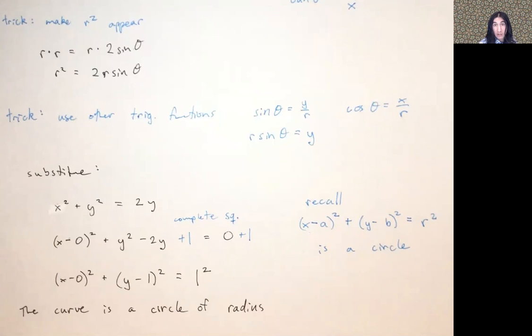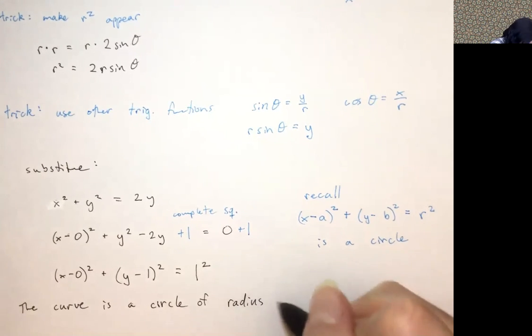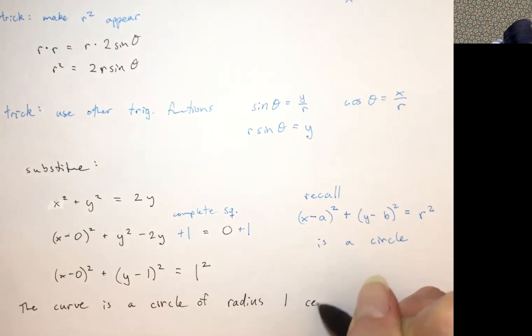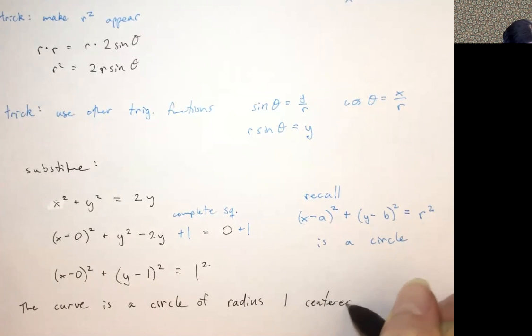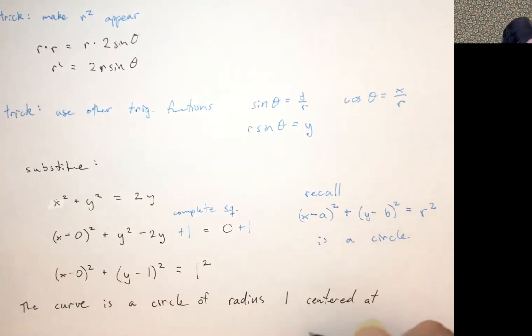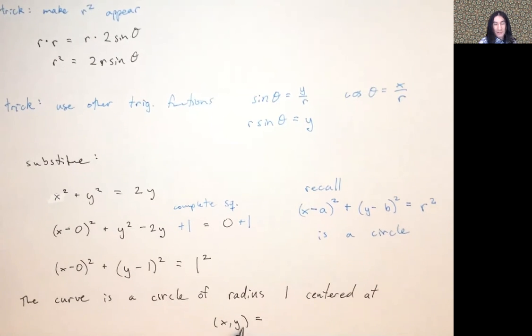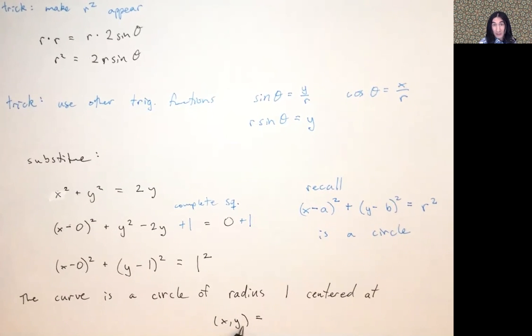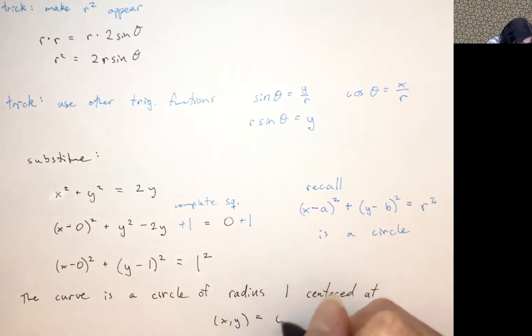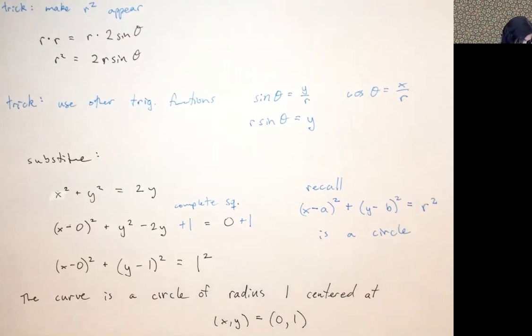So there's technically a square value right there. So radius 1 centered at x, y equal to, I should say x, y because you might be thinking about polar coordinates or Cartesian coordinates. You've got to be careful now. The x center is 0 and the y center is 1. Okay.